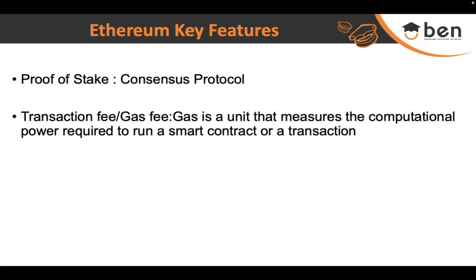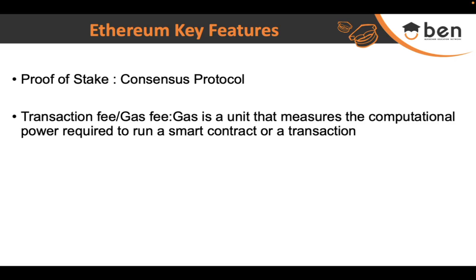There is also a concept of transaction fee or gas fee in the case of the Ethereum blockchain. Gas is nothing but a unit that measures the computational power required to run a smart contract or a transaction on the Ethereum blockchain. So now we know that Ethereum facilitates us to build smart contracts and deploy them on the EVM.